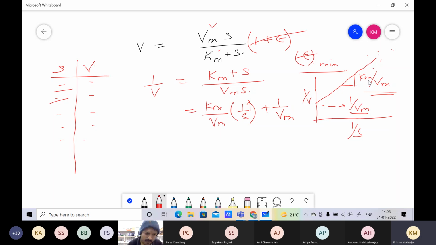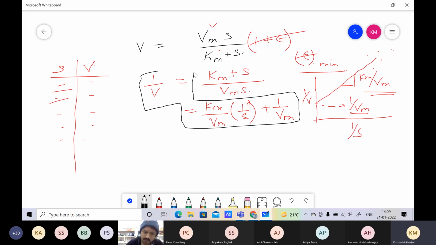So there are other plots available, and the most common thing is to take this equation, 1 by V is equal to this, and multiply it by S. If you multiply it by S, what do you get?